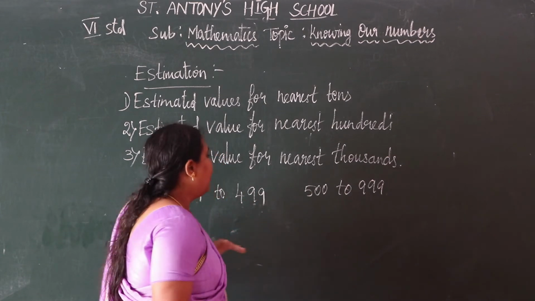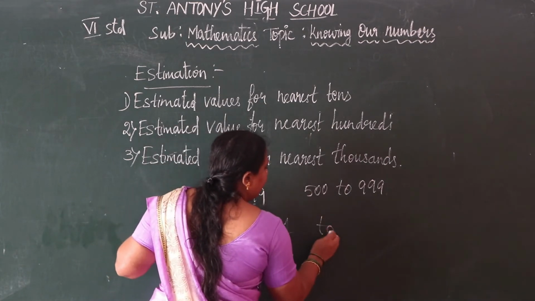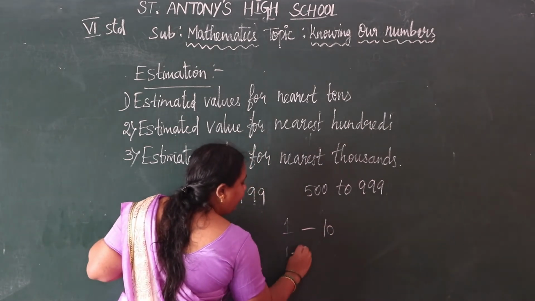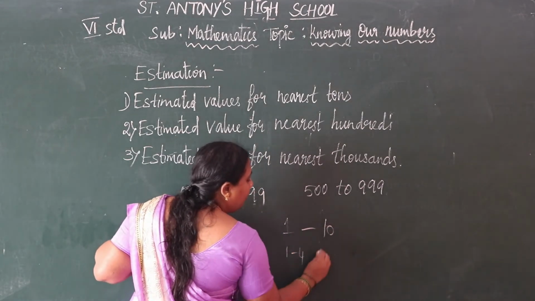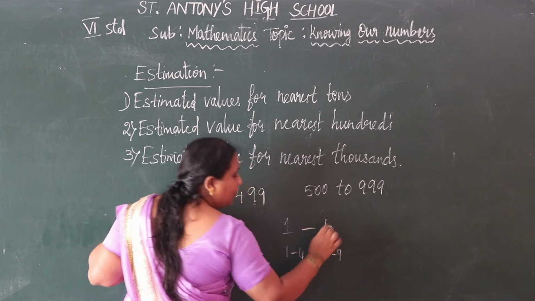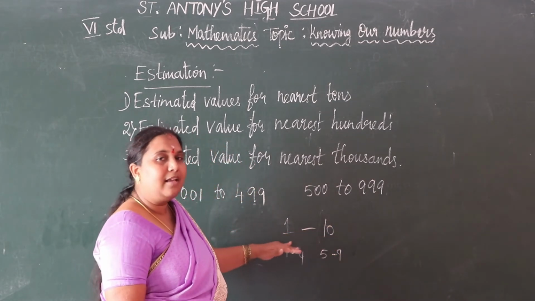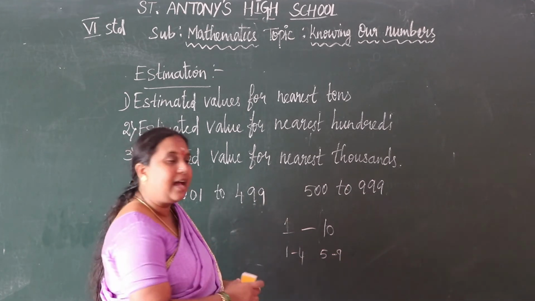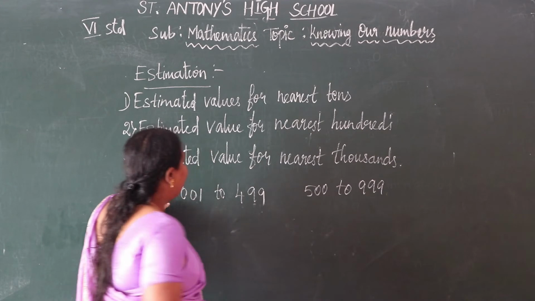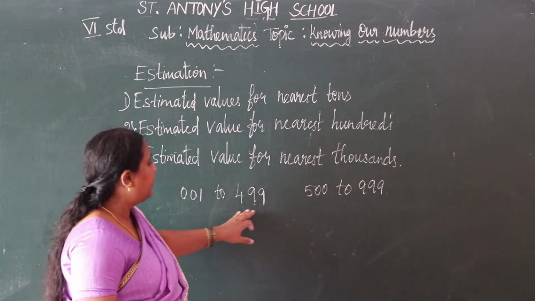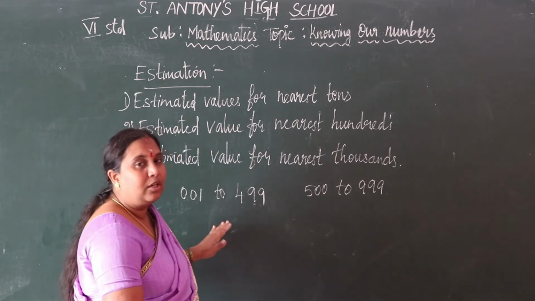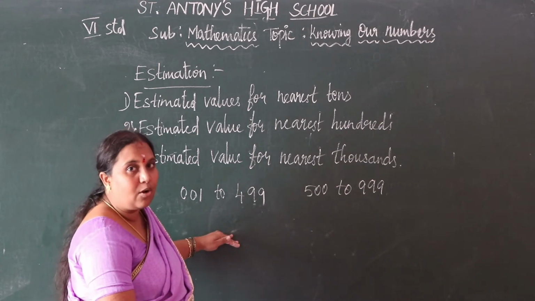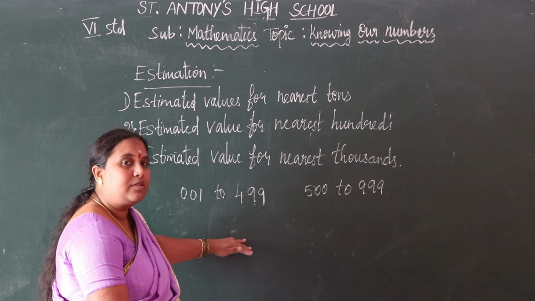So we have 1 to 10. Half of the numbers is 1 to 4 and the other half is 5 to 9. As in the hundreds place, here also we see it in the thousands place. 1 to 499 is the first rule: we round it to 0 as it is, with no change in the thousands place.